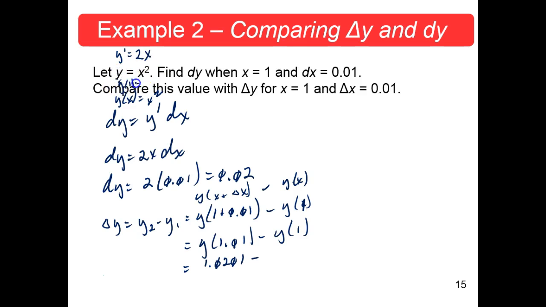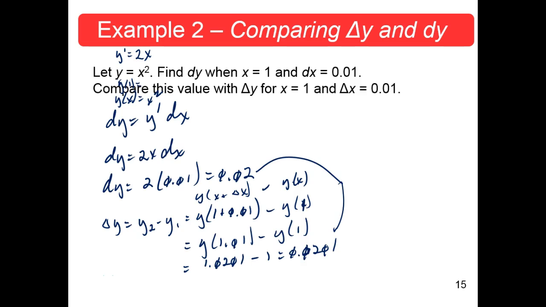Y of 1. I don't think you need your calculator for that one, but you can use it. 1. All right, good. And what's the difference in that? 0.0201. And what was your dy up here? 0.02. So they are not far off.